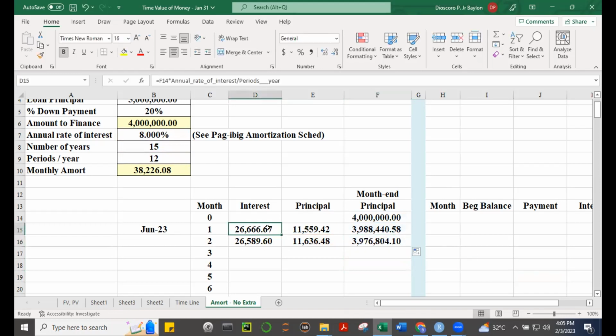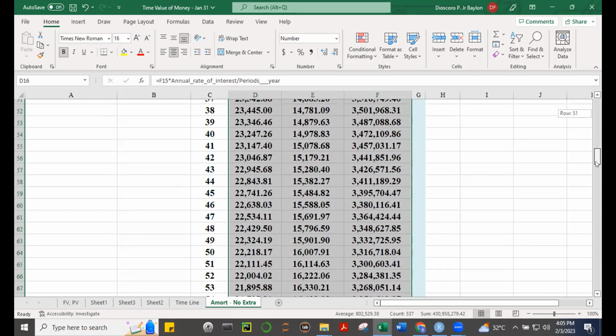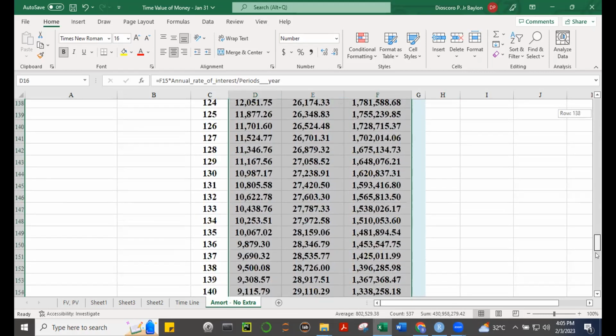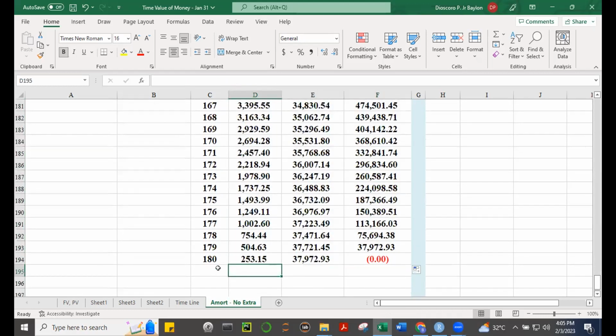So once you have made this first, you can actually just copy this down. Let me just double click this. Okay, and then it will go up to month 180. So you notice that at month 180, it's already 0.